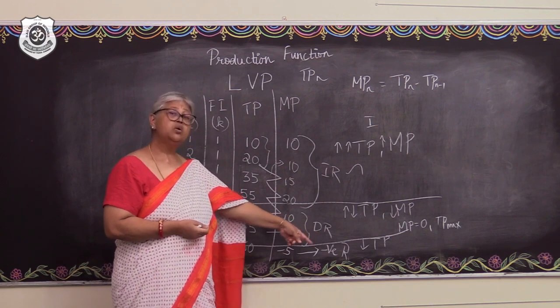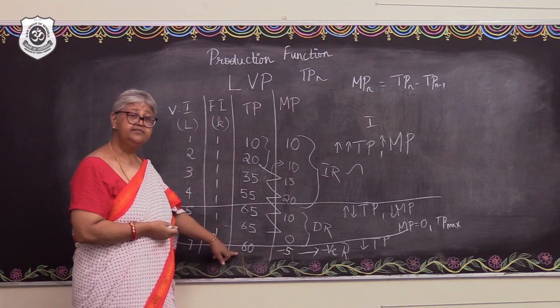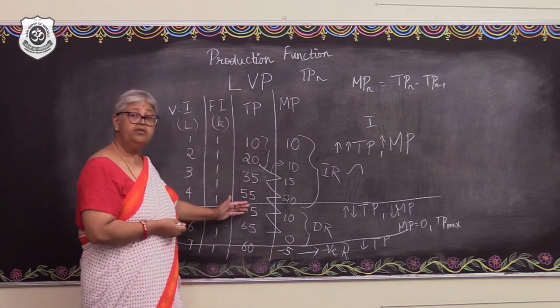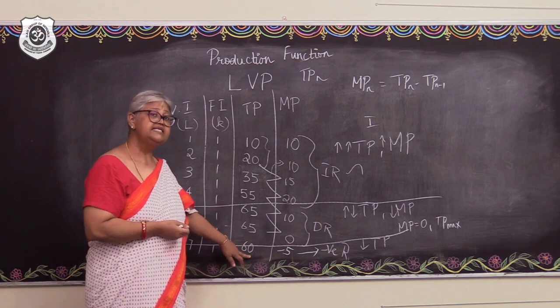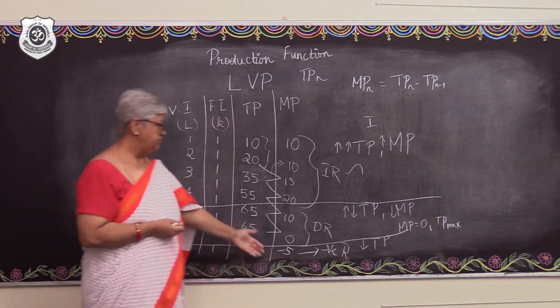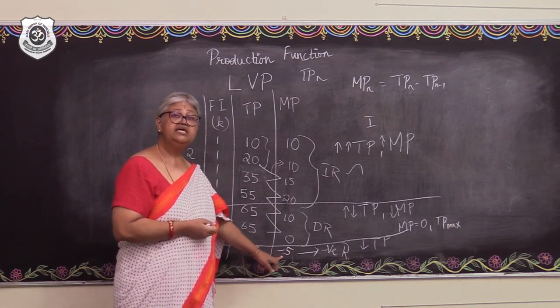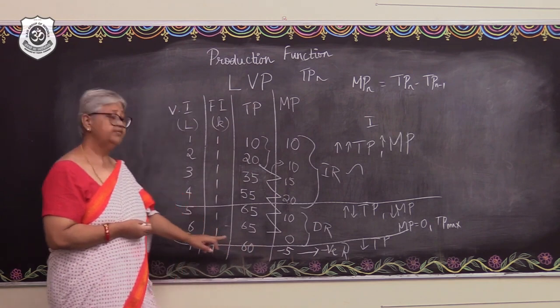After that, the total product falls. Look at this, from 65 it's gone down to 60, isn't it? So the total product till then was increasing, maybe at different rates, but then it was increasing. After that, it starts falling. So that indicates it's a negative rate of increase, or rather the MP becomes negative out here.